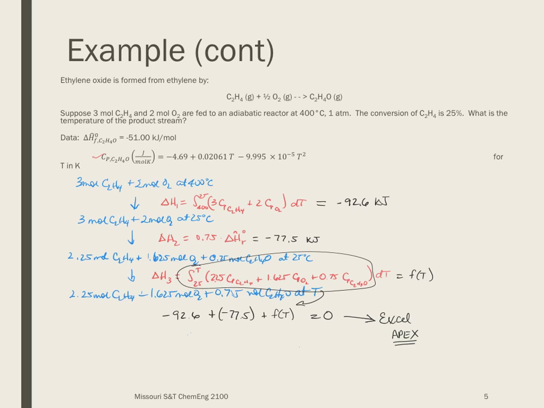I typed in the function f of T with these other things here, and I used Solver to set this equation equal to 0 by changing T. And I put in a first guess of temperature equal to 25 degrees C. I had Excel just brute force change T, and the solution that it came up with was 912 degrees C.